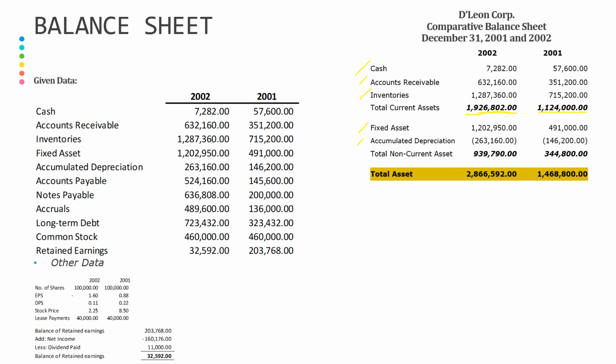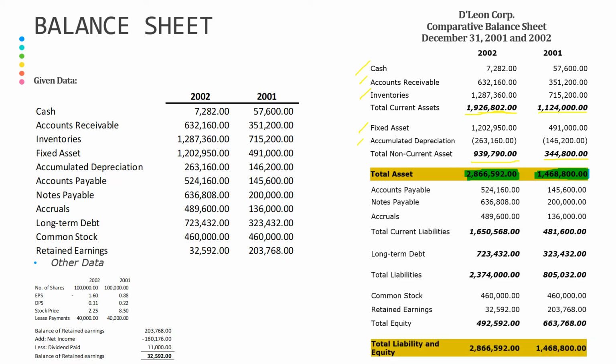So we have a total of 939,790 for 2002 and 344,800 for 2001. Now we have here a total asset of 2,866,592 and 1,468,800 for 2001.